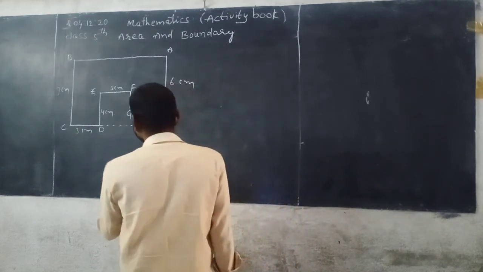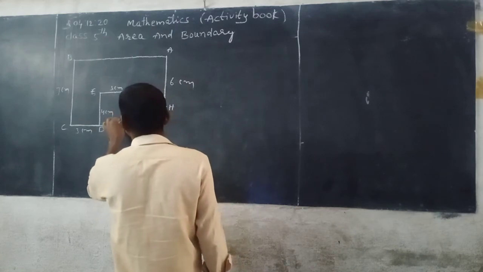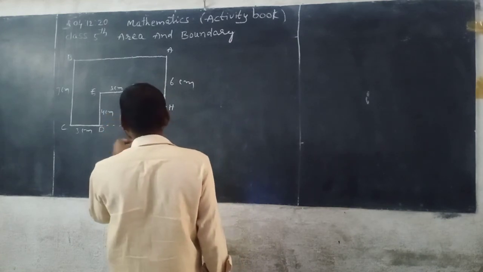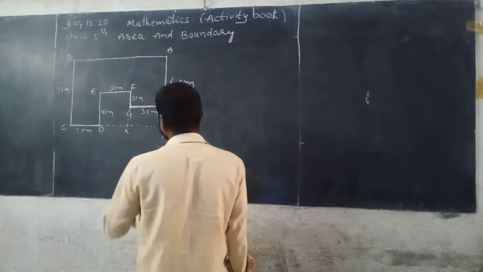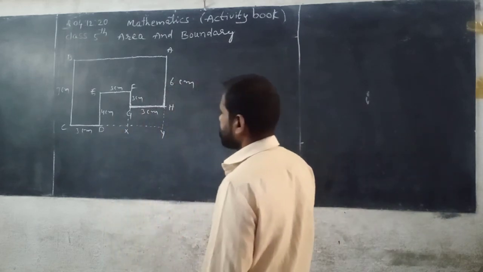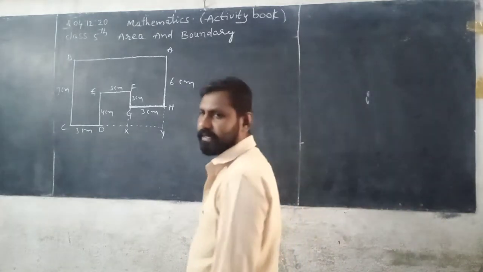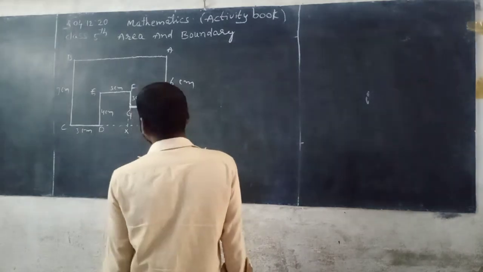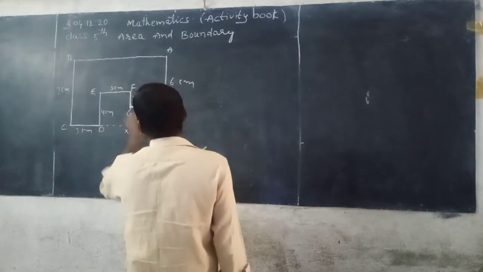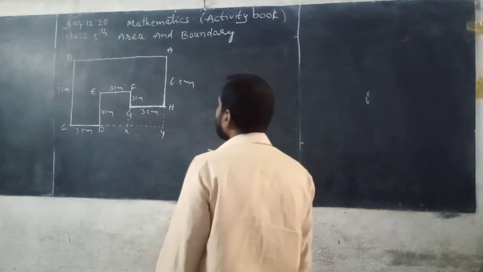Now, you can produce this here, X, Y. Okay, listen carefully. Now, XY is parallel to BA or AB.